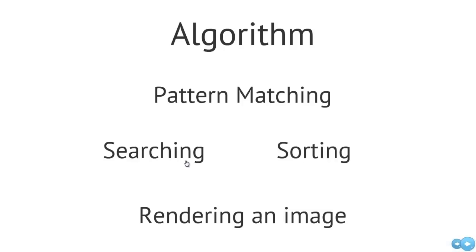Anytime that you use a search engine like Google or DuckDuckGo, they're using fairly sophisticated algorithms to perform that search. Sorting, so how do we go about ordering things? Rendering an image, so how do we go about filling in polygons in a very efficient manner? All that's very difficult and requires a lot of thoughtful and careful ways of solving these particular problems.